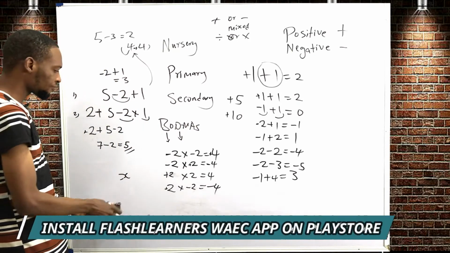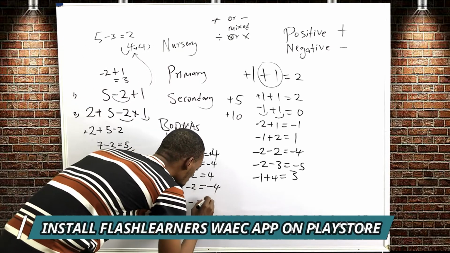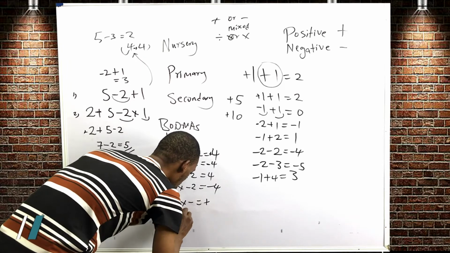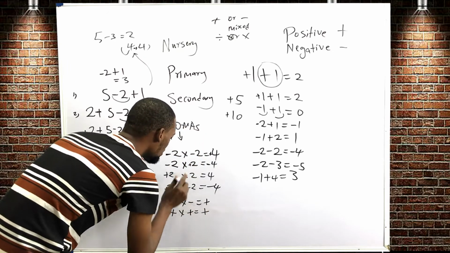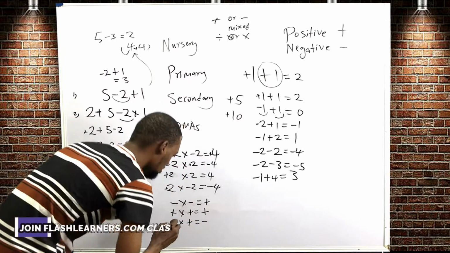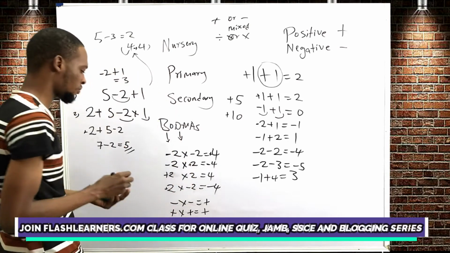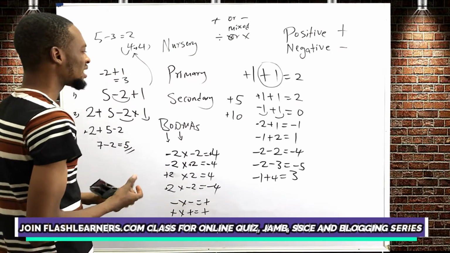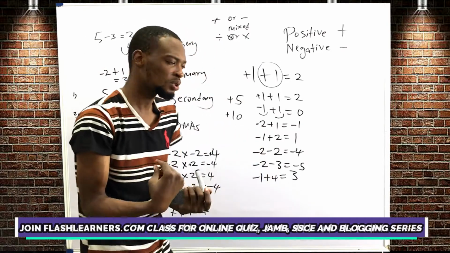Is that okay? So we can conclude that minus times minus is equal to plus, plus times plus is equal to plus, then minus times plus is equal to minus, plus times minus is equal to minus. So next time I say minus 2 times 1, the answer is minus 2, not 2.